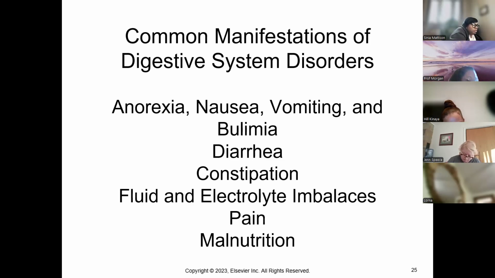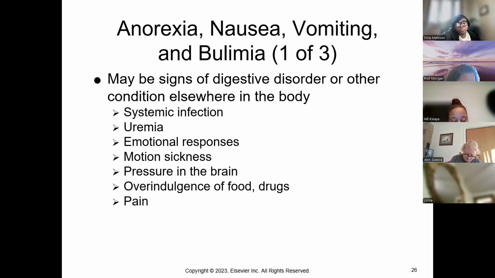You should already know the difference between diarrhea and constipation. So, any sort of anorexia, nausea, vomiting, or bulimia can be a sign of a digestive disorder.